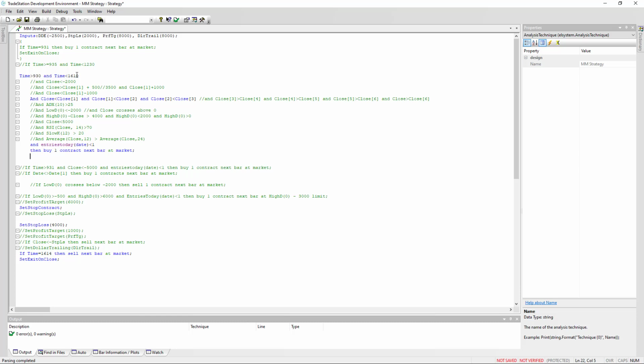If the time is between these two values, 9:30 and 16:10, basically the whole day, and we've had 3 1-minute bars go down in a row, so for 3 minutes the equity curve has gone against us, and the entries today is less than 1. So it doesn't matter if we're up or down on the day. If we just get in any time when it's gone against us for 3 minutes, and we use a $4,000 stop loss, let's see what happens.